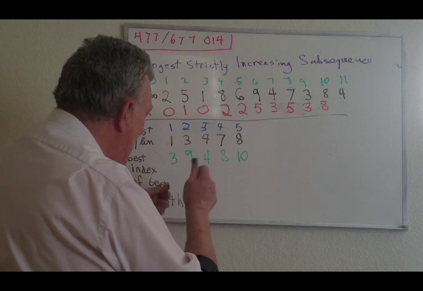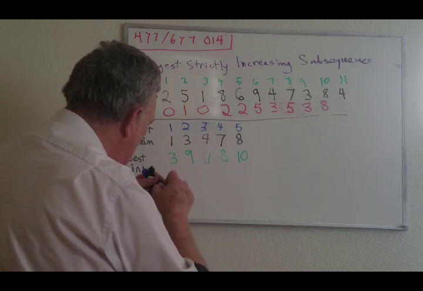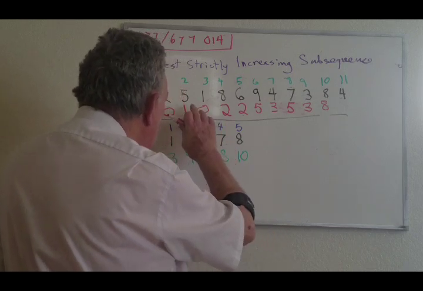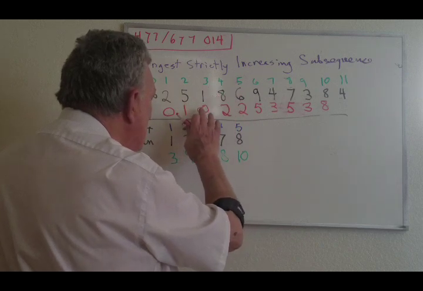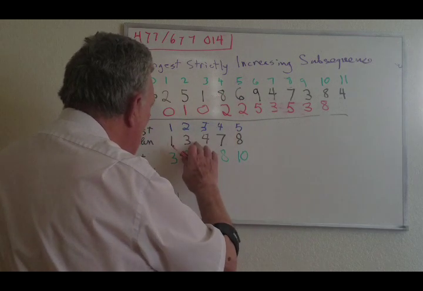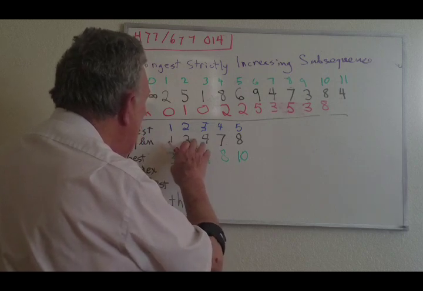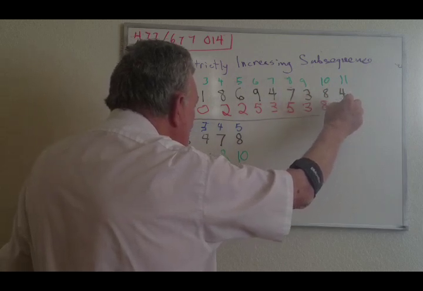And we have to write 11 here, and let's not forget our back pointer. What happened to the 3 here? Oh, it goes to here, which is the 9. There we go.